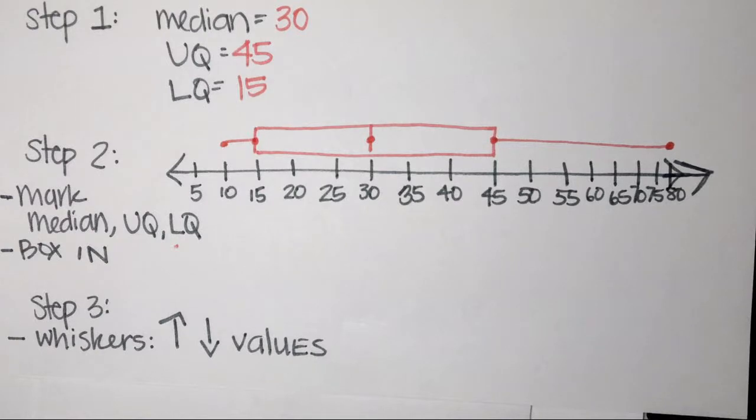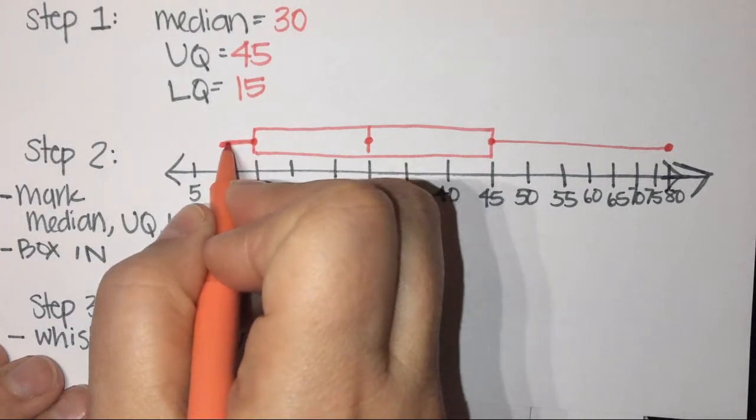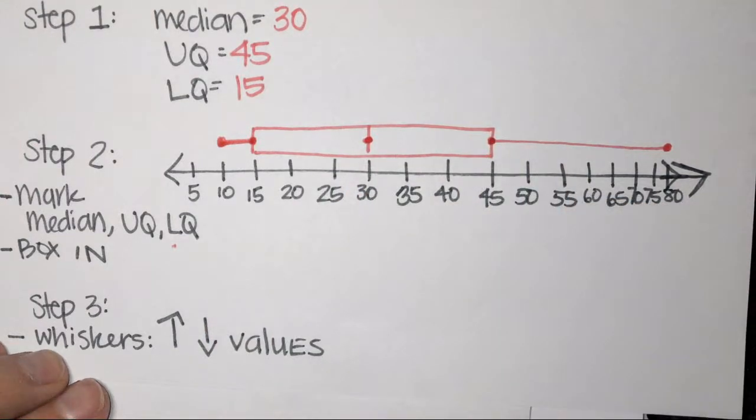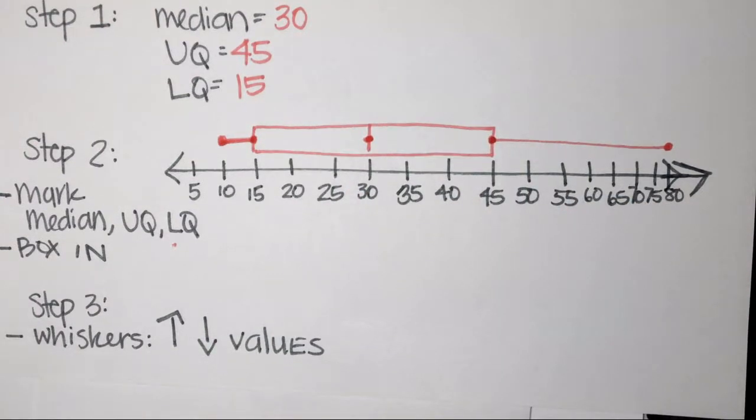Now, looking at this, what is something you can immediately assume? Look at that whisker. It's really kind of far away from our data, isn't it? It's the outlier. Remember I told you this would be a more visual way to tell if there's an outlier?